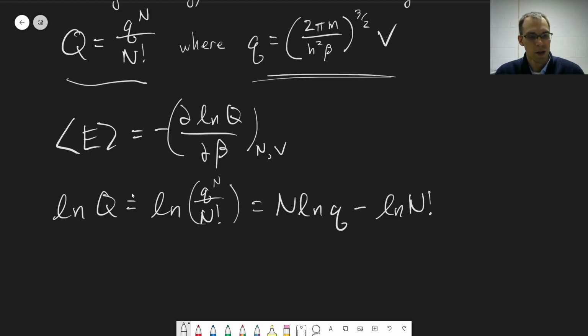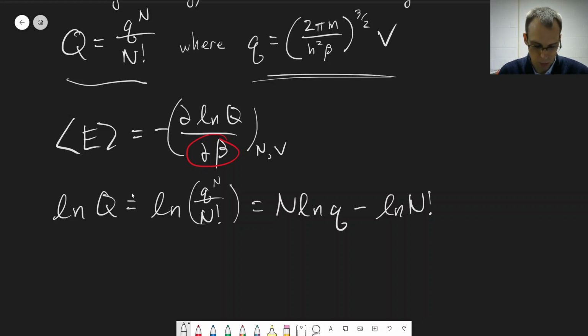The thing to remember here is that our derivative is only with respect to beta. So the only terms we actually care about are the ones that have beta in them. While this partition function is complicated and has all these extra terms, we really only care about things that have beta in them. All the other terms, when we take the derivative, are going to go to 0.